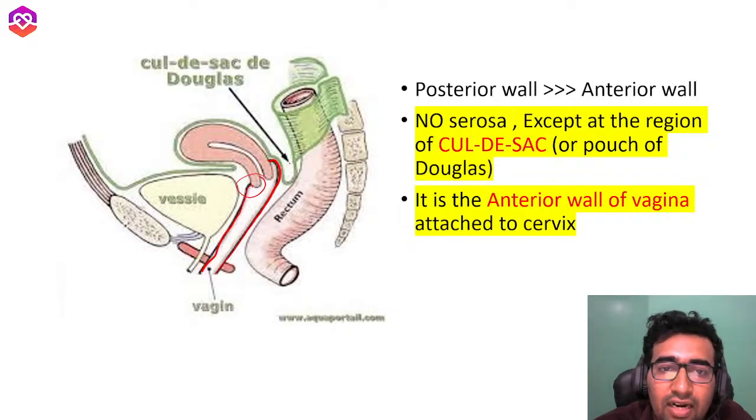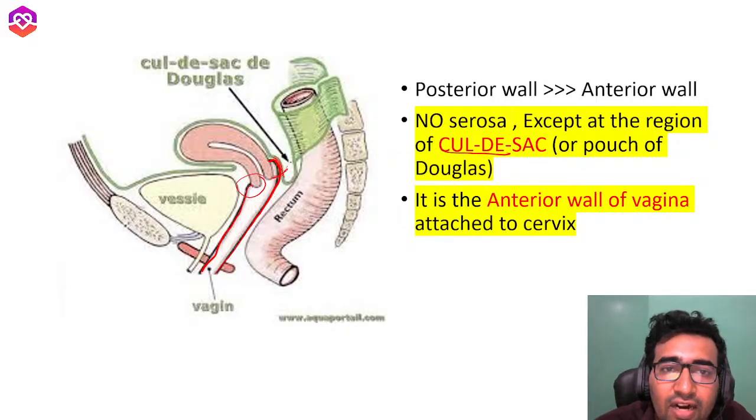So the posterior wall is adherent to, can you see this green covering? This is the peritoneal covering or serosal covering. So the posterior wall at the upper end is covered with serosa. On any other side, there is no serosal covering to the vagina. The serosal covering is present over this region only. This region is called the cul-de-sac, the pouch of Douglas, and I will describe everything later.